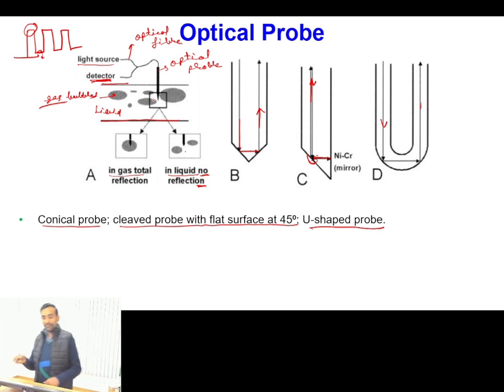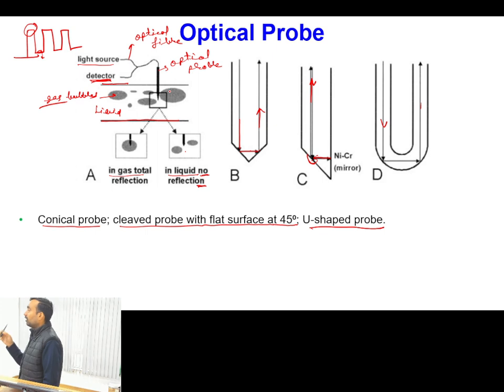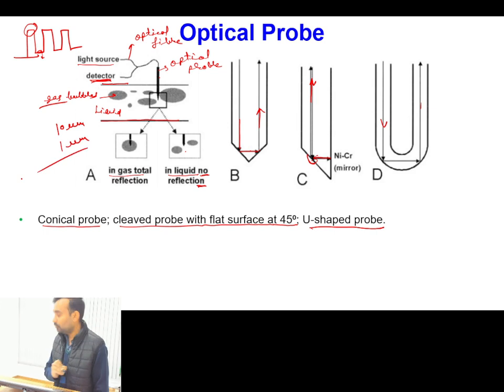If I use a larger size probe, that will lead to a significant amount of variation in the flow, which will deviate the flow from its natural or usual behavior. So we have to use a probe of a size so small that it does not affect the flow dynamics. That's why typically the size of this probe is of the order of 10 micrometers or even as small as 1 micrometer.